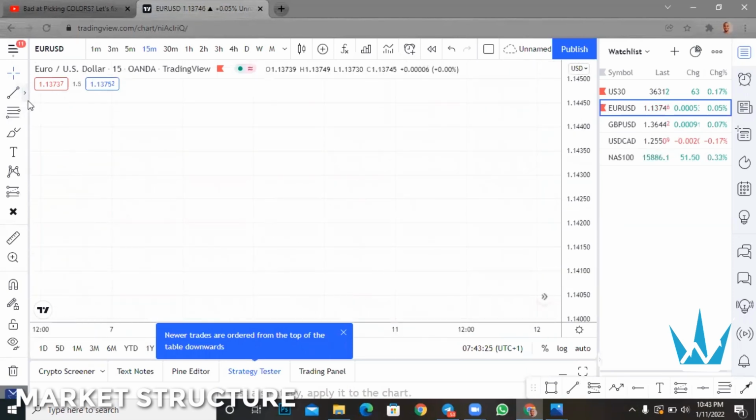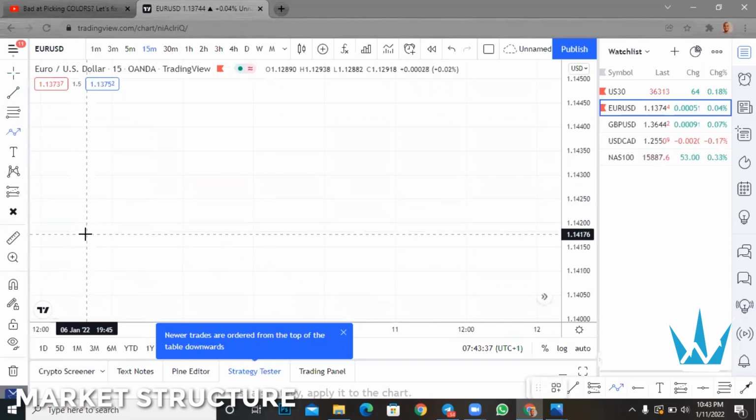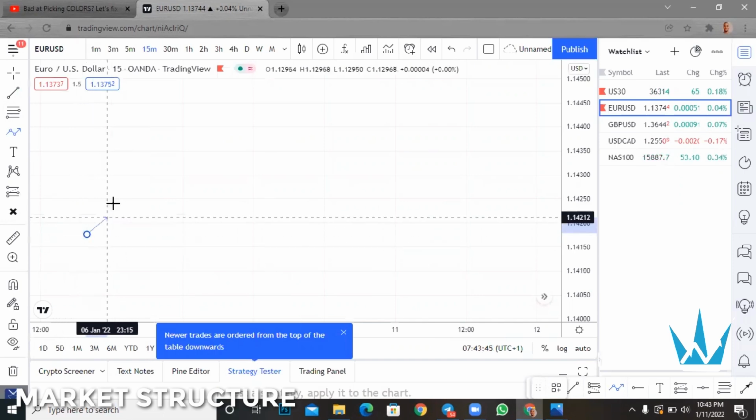All right. So the market is always going to be in these three phases, out of these three phases, nothing else. The first phase is known as an uptrend. The second phase is known as a downtrend, and the third phase is known as a range. So an uptrend looks like this.